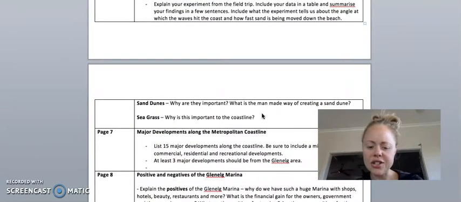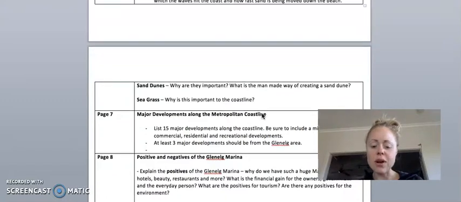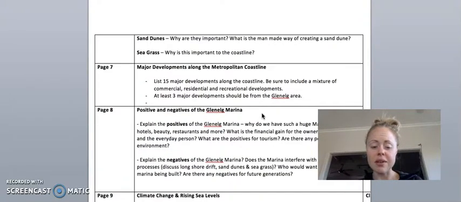So tell us about sand dunes. Just think back to that video that we watched. Again, if you weren't there for the lesson, it is on Sector. The video where it said there are 2 ways you can make a sand dune, one natural and one man-made way. Seagrass, why is it important to the coastline? Again, I've put something on Sector, but you can just look that up. Page 7, major developments along the metropolitan coastline.